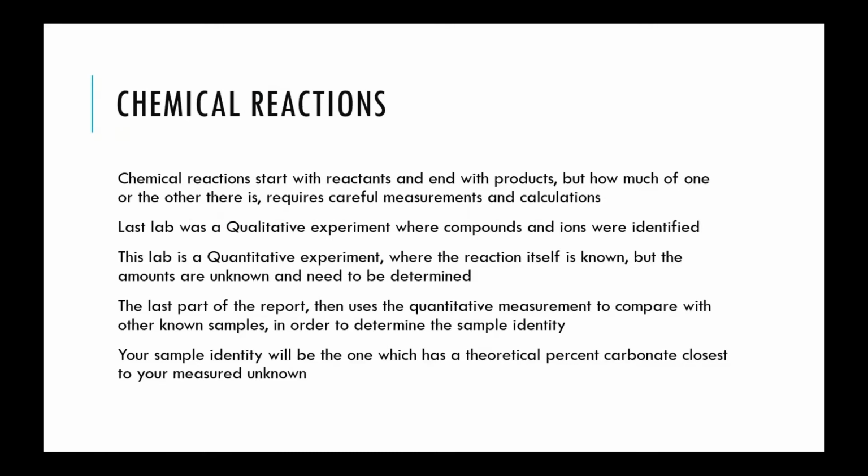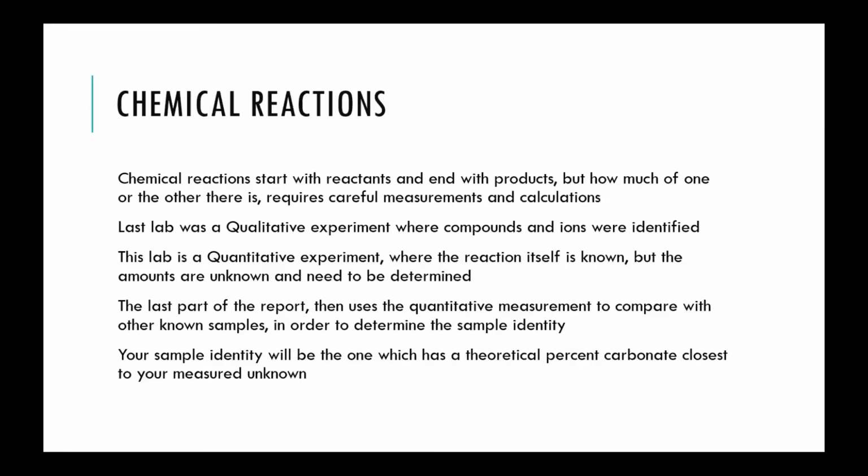But how much of one versus the other requires a lot of measurements to determine how much product you actually have, how much reactant you started with, and those sorts of measurements. In a previous experiment looking at solubility, that was a qualitative experiment where you were performing a number of different reactions and seeing all of the different results.